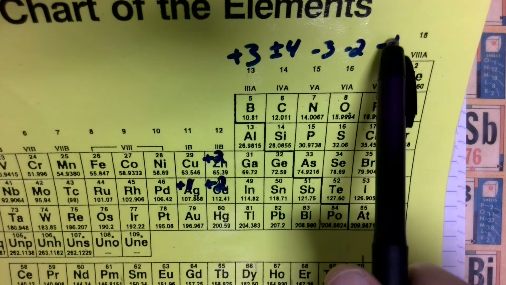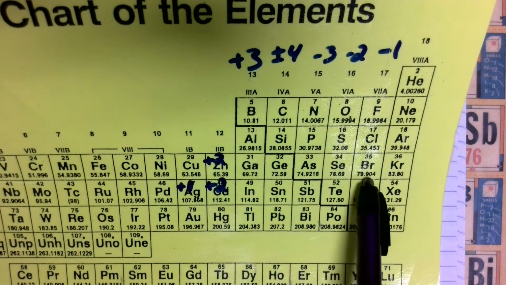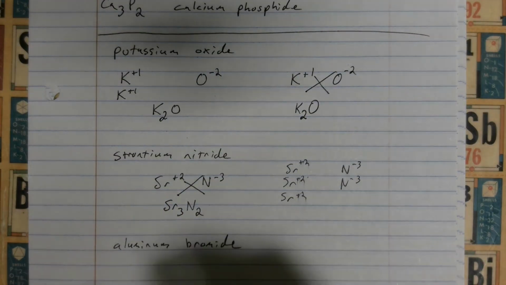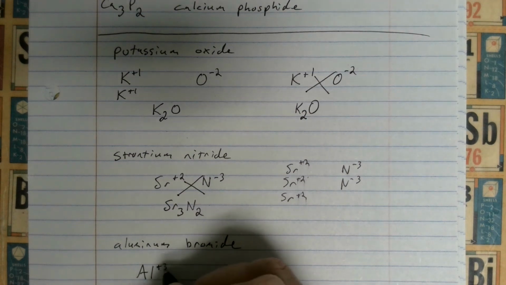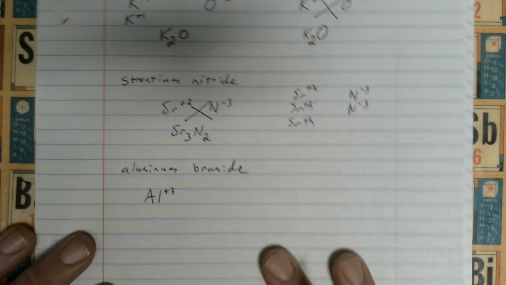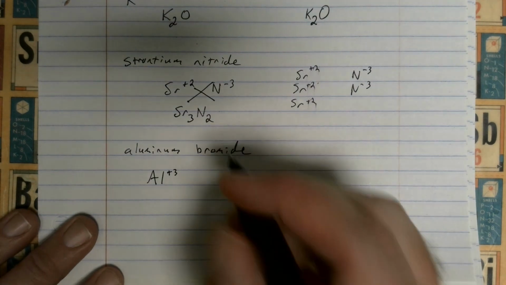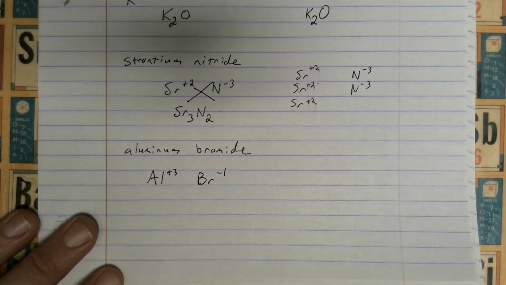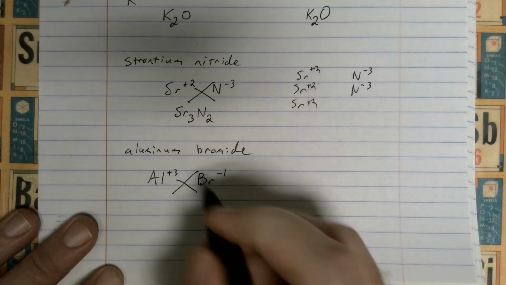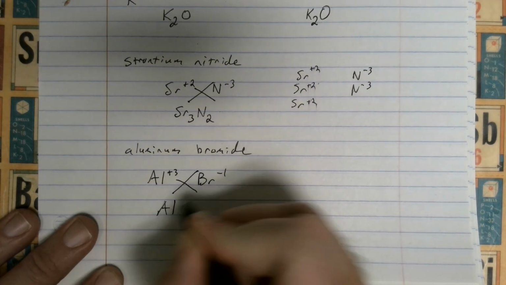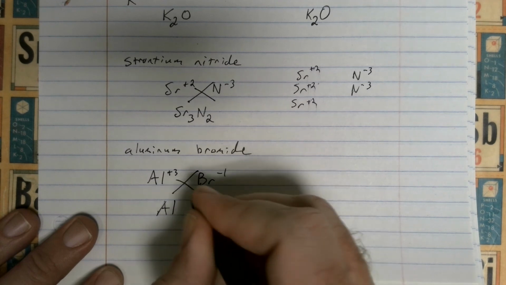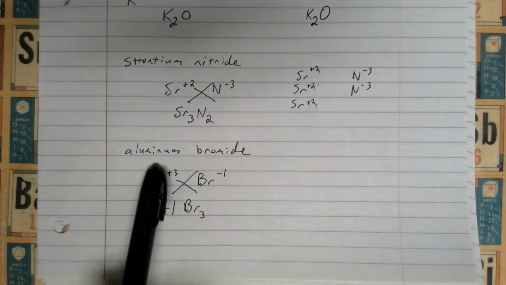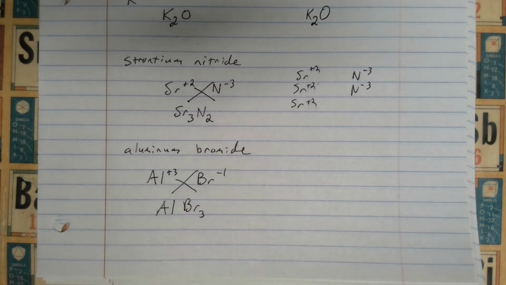Bromine is negative 1, so bromide is negative 1. Crisscross, Al1 Br3. Again, the 3 from the aluminum goes over to the bromine, the 1 from the bromine goes over to the aluminum.